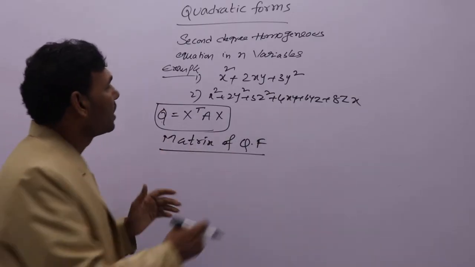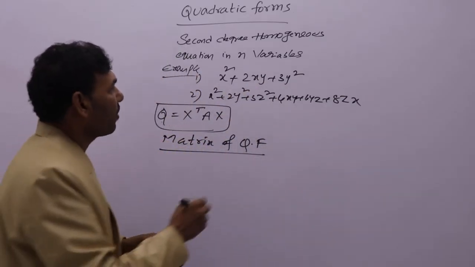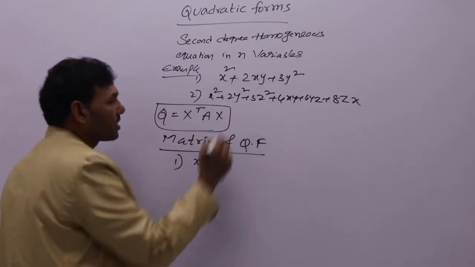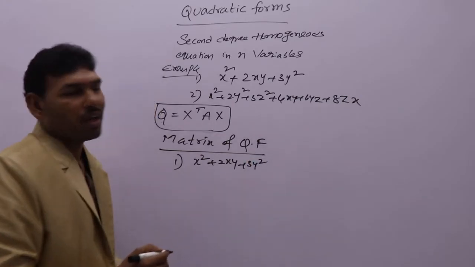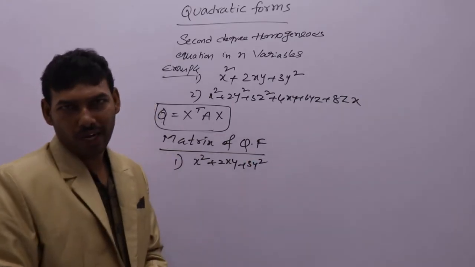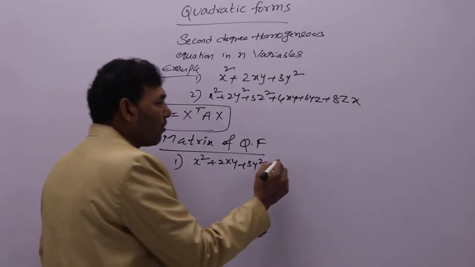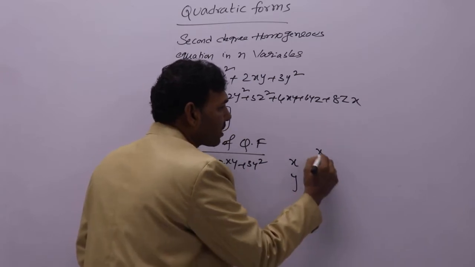The other way, and the best way, to write the matrix of a quadratic form for the given quadratic form is, first find out how many variables you have in the given quadratic form. For example, I will write the matrix of the quadratic form for the first example, x square plus 2xy plus 3y square. First, find out how many variables you have. 2 variables, x, y. So with those 2 variables, roughly prepare a matrix like this, x, y.